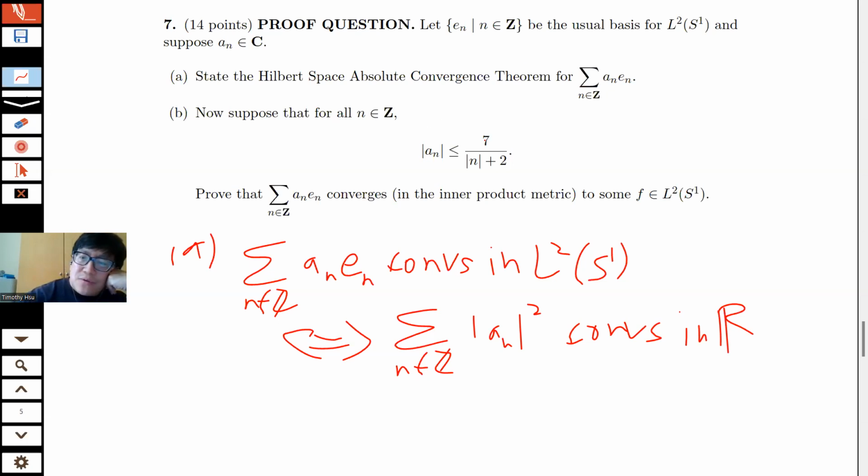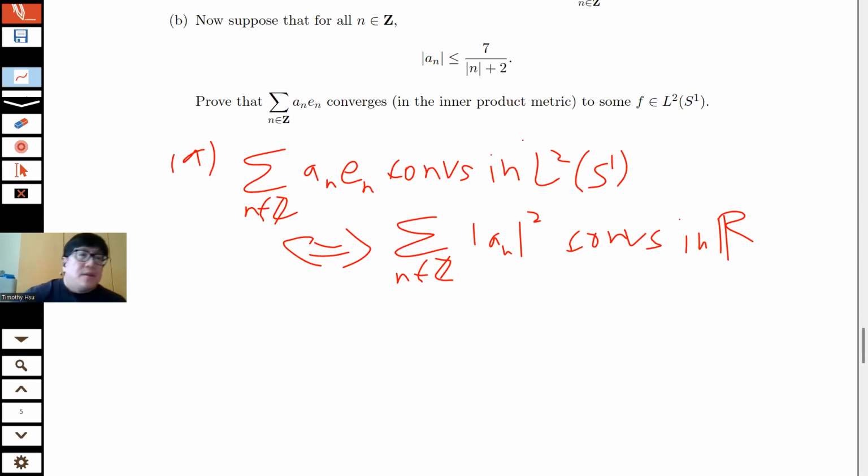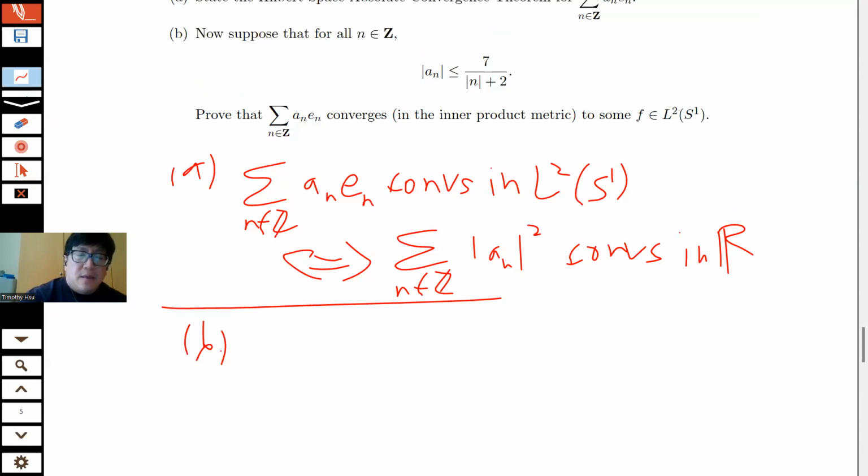Now suppose that for all integers n, a sub n is less than or equal to, well, there's some junk in there, but it's basically 1 over the absolute value of n. And we want to prove that this series converges in the Hilbert space L2 of S1.